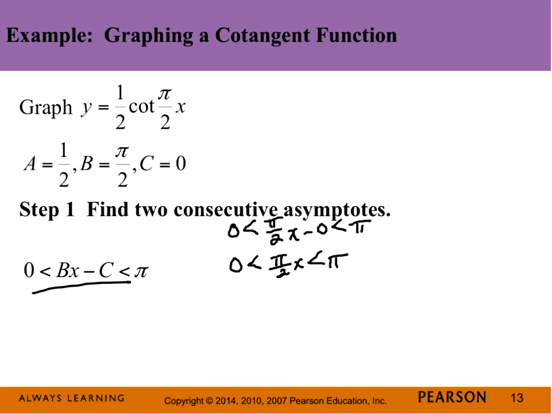And now to get that pi over 2 off of my variable on the inside, I need to multiply by 2 over pi. So everything gets multiplied by 2 over pi. And we end up with 0 less than x less than 2, because those pi's divide out right there. So we have asymptotes at 0 and 2 for this particular graph here.